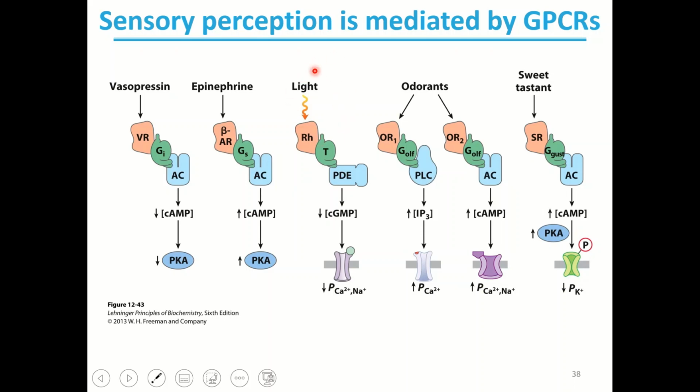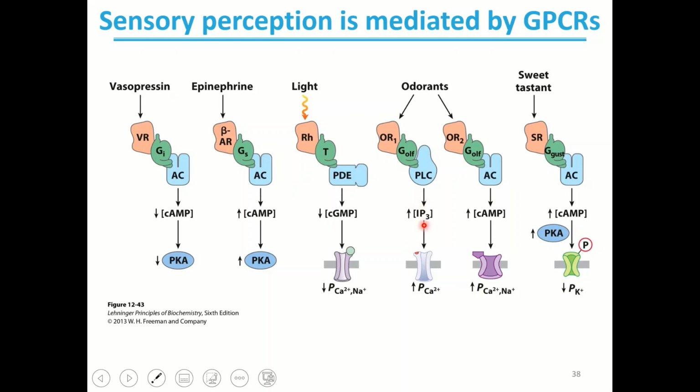Right, we've talked about light. Obviously, that's sensory. Odorants are also using G protein coupled receptors, and so they can do that either in that very quick example we saw of using a lipase that releases the inositol, which then binds to a ligand-gated ion channel.